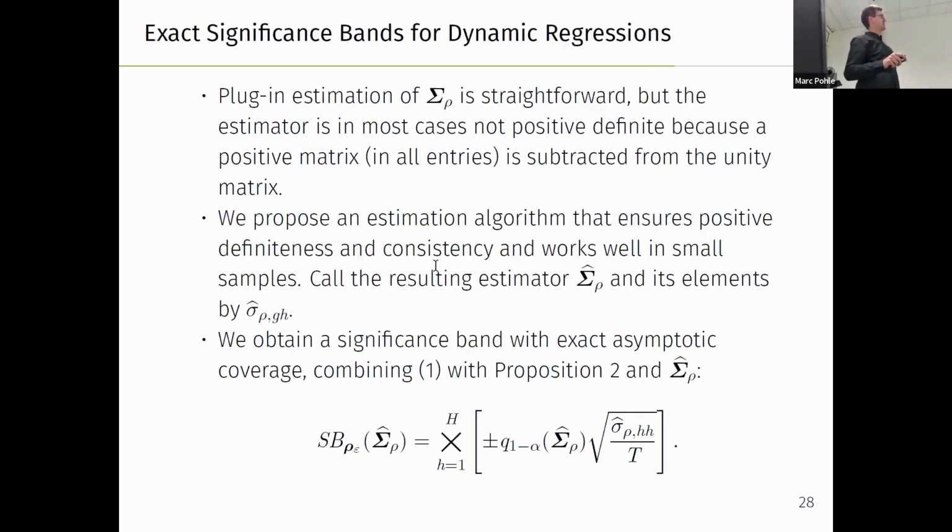I won't go into details, but the algorithm works. That's how we can correct our bands with this estimator that we construct. These are simultaneous significance bands, which have exact asymptotic coverage in the case of dynamic regressions.